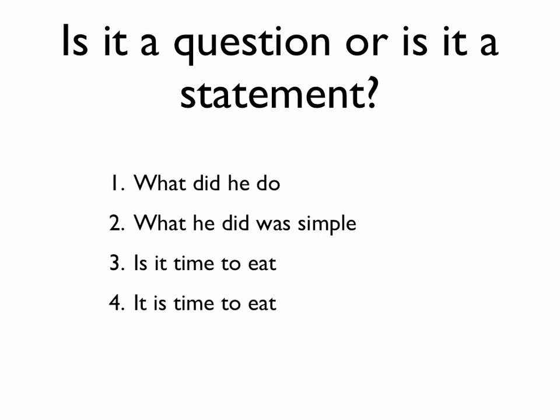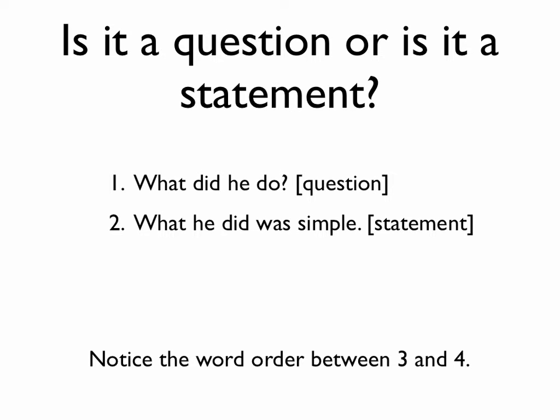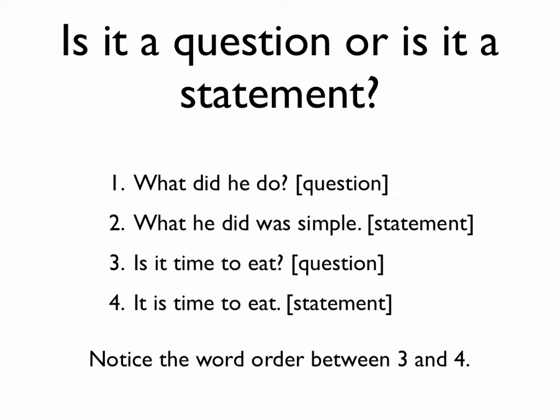We did a little bit of practice guessing which ones are questions and which ones are statements. What did he do? What he did was simple. Is it time to eat? It is time to eat. So let's look at the answers. Number one is a question. Number two is a statement. Number three is a question. And number four is a statement.